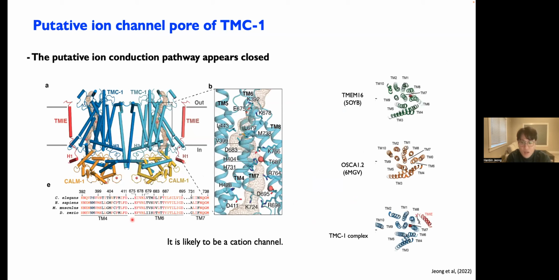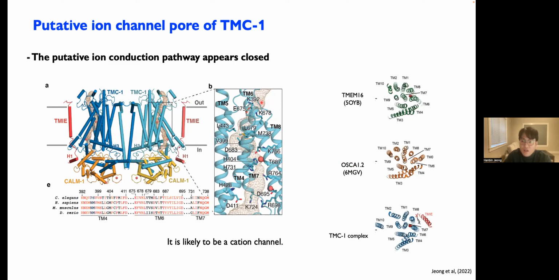And based on the structure we solved, each TMC1 has ion permeable pathways, and these look closed. We could use the same protein fold families such as TMEM16 and OSCA to guess where the ion permeable pathway of TMC1 is.